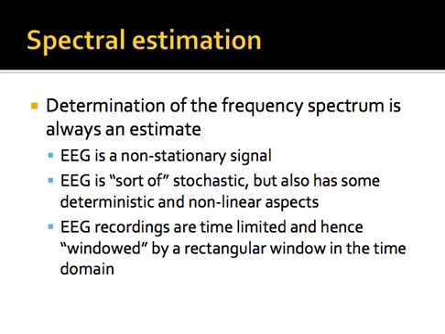What this really means is you've taken your data set in the time domain and multiplied that by a rectangular window and given it a clear starting and stopping point. You may remember from linear systems that multiplication in the time domain is convolution in the frequency domain. What this means is when you determine the frequency spectrum of a limited EEG recording of actual data, your spectrum will actually be the convolution of the spectrum of the data and the spectrum of the rectangular window.